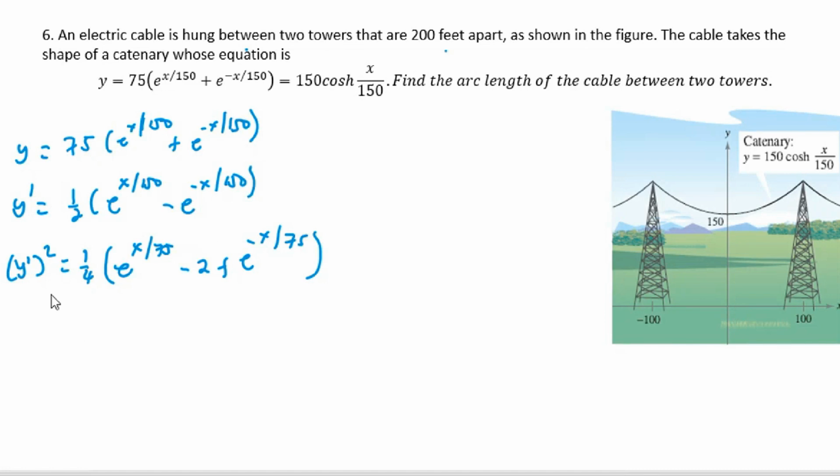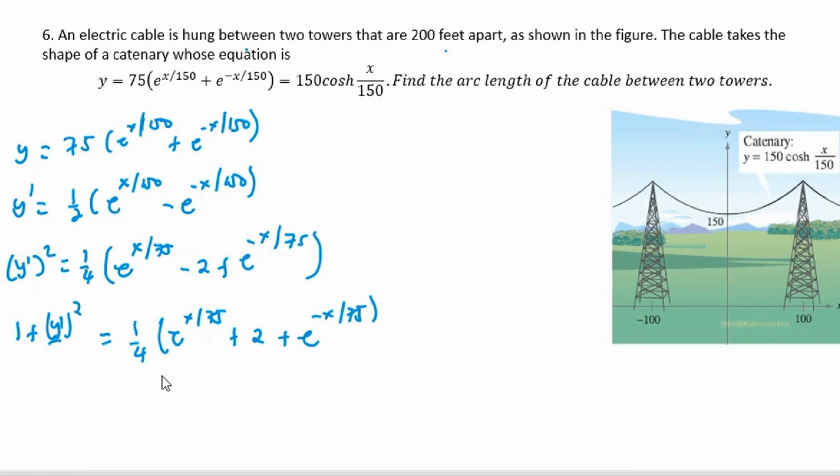So let us first solve the integrand, 1 plus the square of the derivative. This will give us 1/4, and we add 1 to the result of the square of the derivative. It gives us 1/4 times e raised to x over 75 plus 2 plus e raised to negative x over 75.